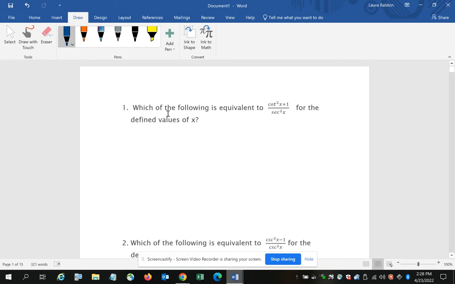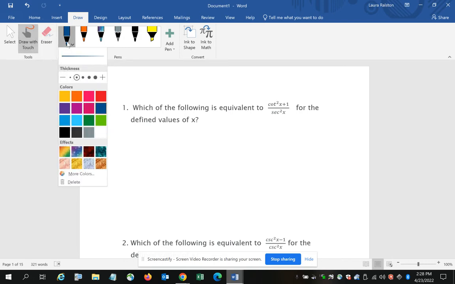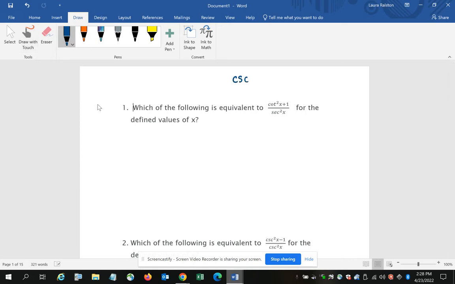We know that cosecant squared x is equal to cotangent squared x plus 1. That's one of our Pythagorean identities.